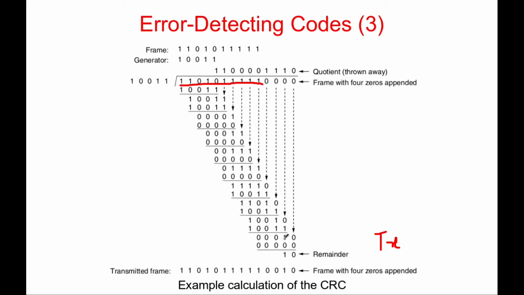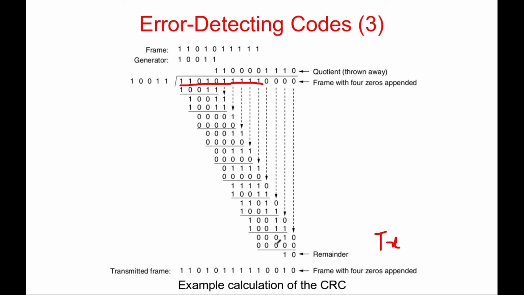Now when the receiver receives that, once again it will divide this, because it doesn't know whether the error has occurred or not. It simply divides this particular thing by the generator polynomial, and in the division, in the best case when there are no errors, the receiver should not get any remainder.